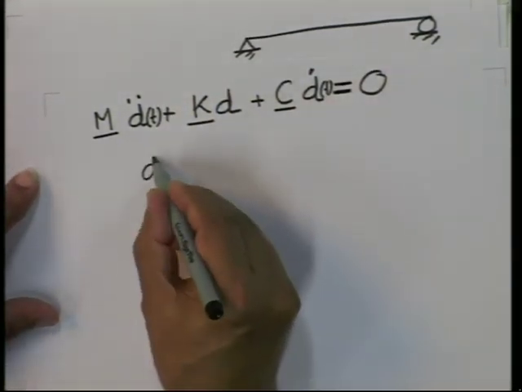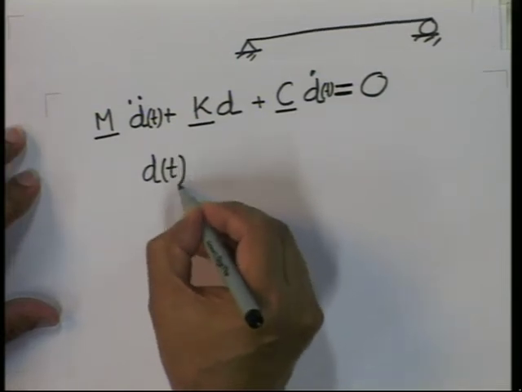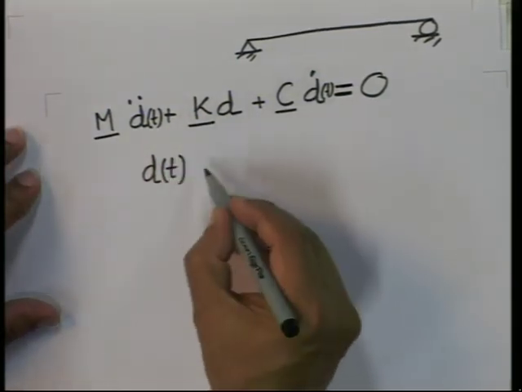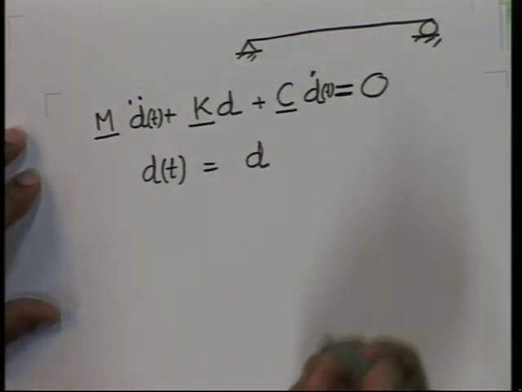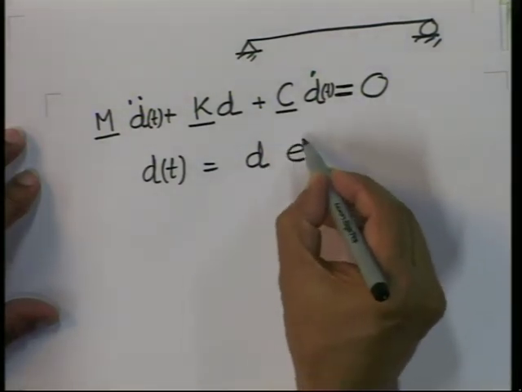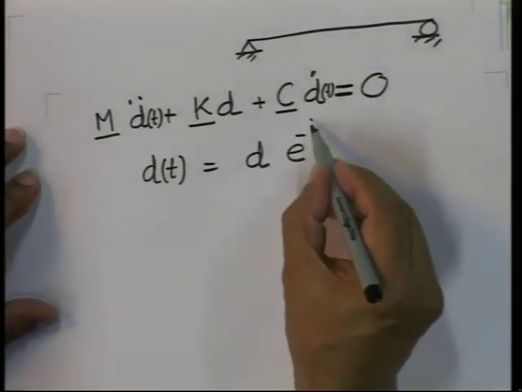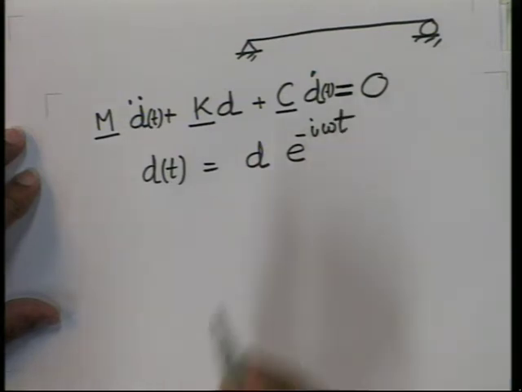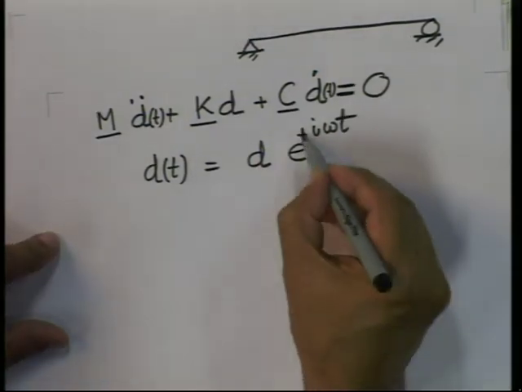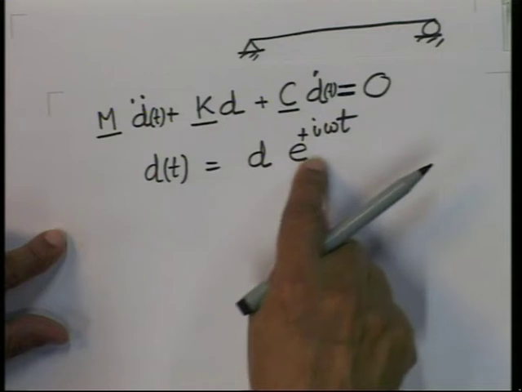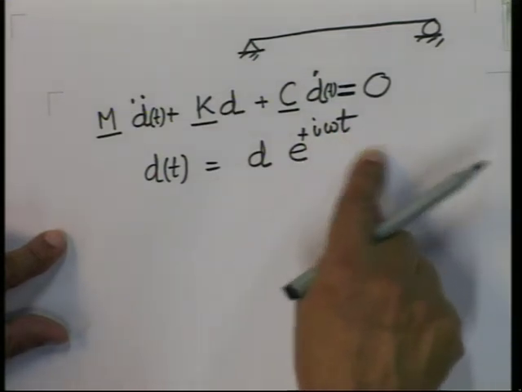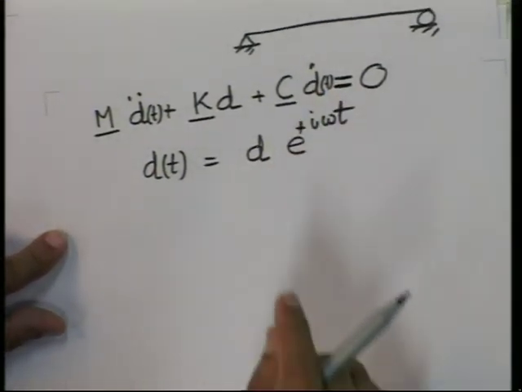Now, we are saying d of t can be written as d bar times e to the power of i omega t plus phase. We can find out d bar in terms of x, and afterwards substitute it here in order to get the solution in time, because this will be multiplied.